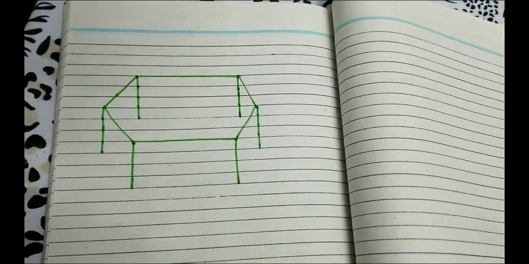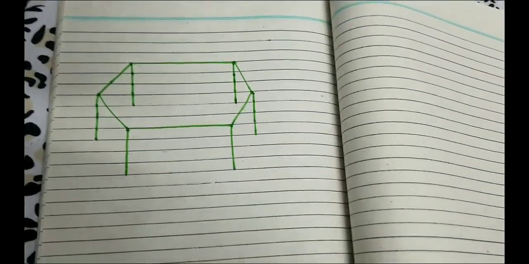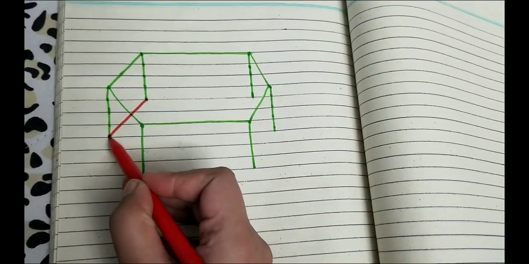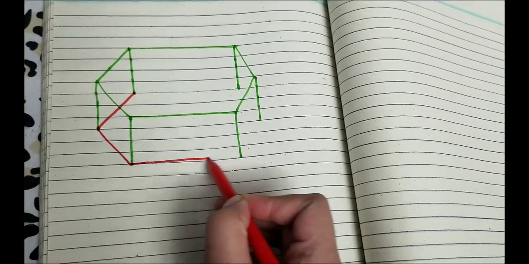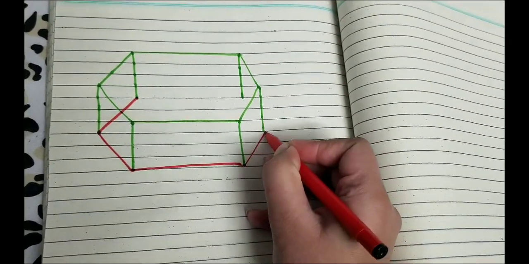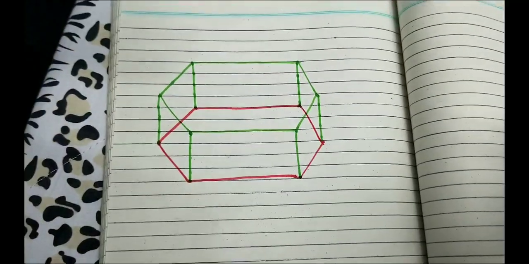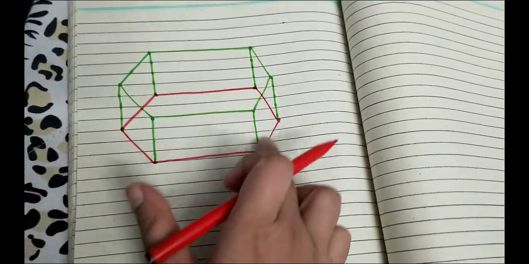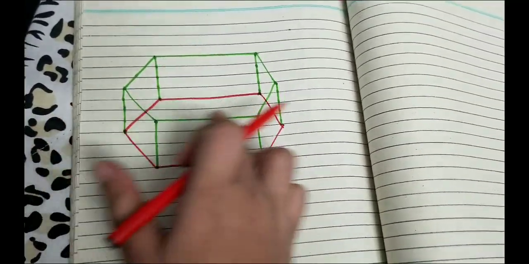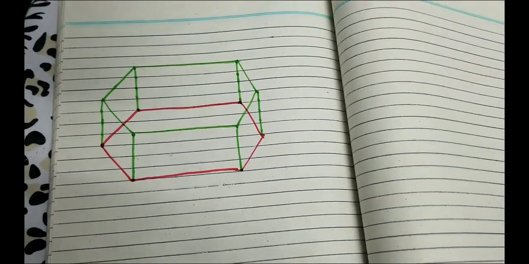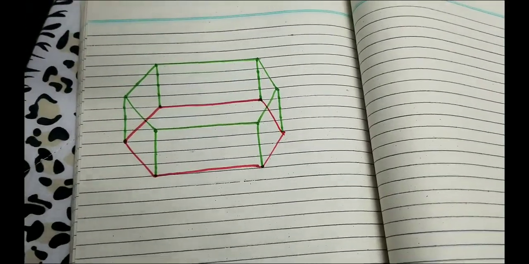Okay, now we'll join these lines together, this by this. Okay, this one is the basal plane, the above line is the roof plane, and the other ones are the vertical lines.